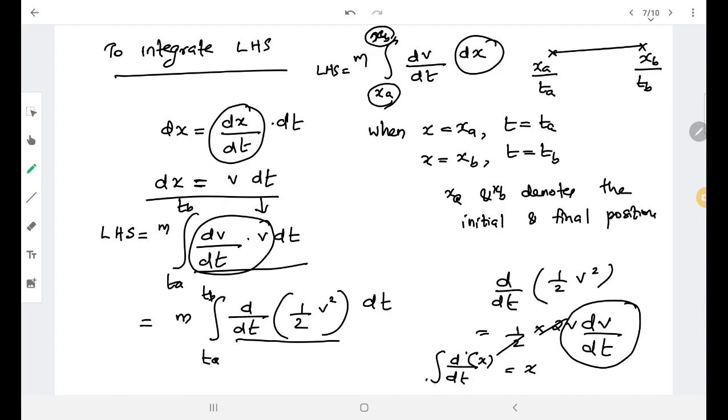Since m is a constant, we can take it inside. So half m v square is our integrated term, with lower limit ta and upper limit tb.